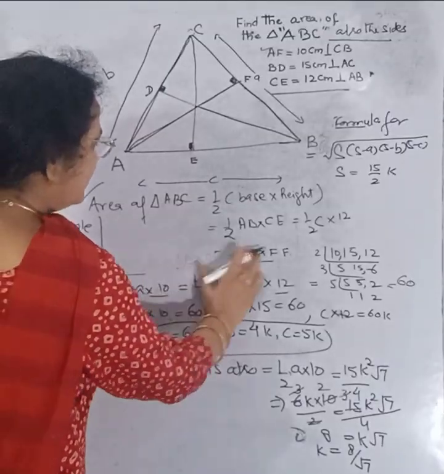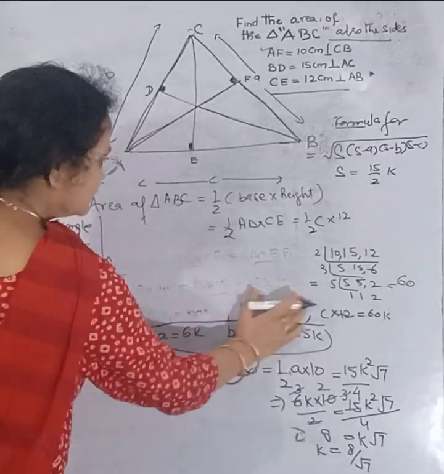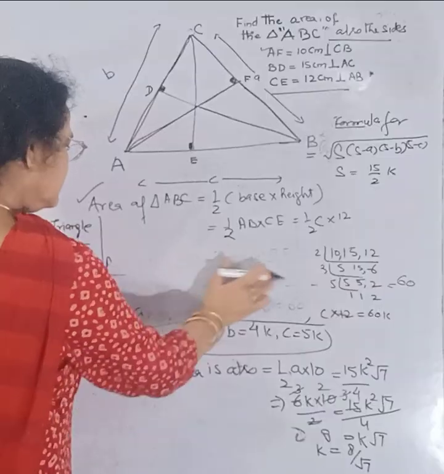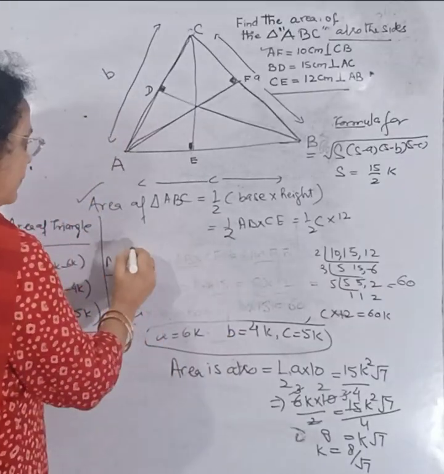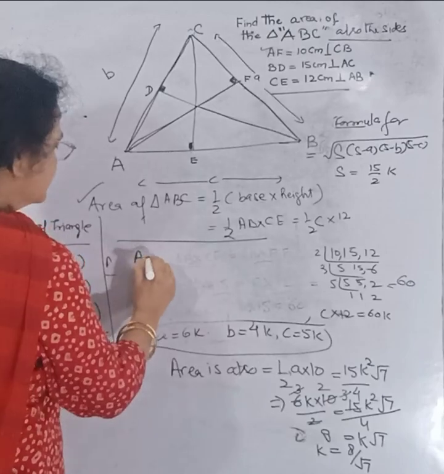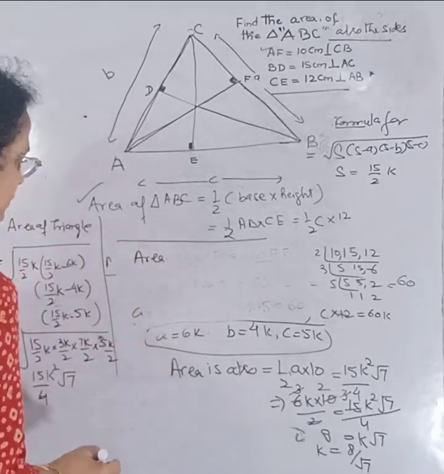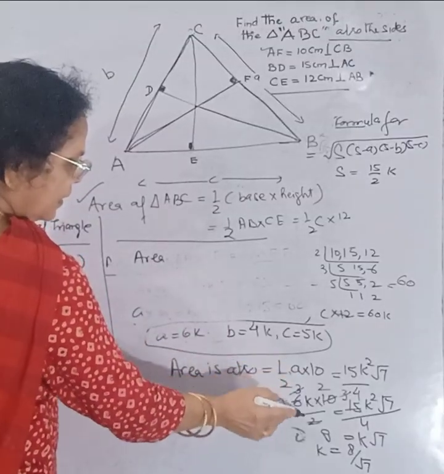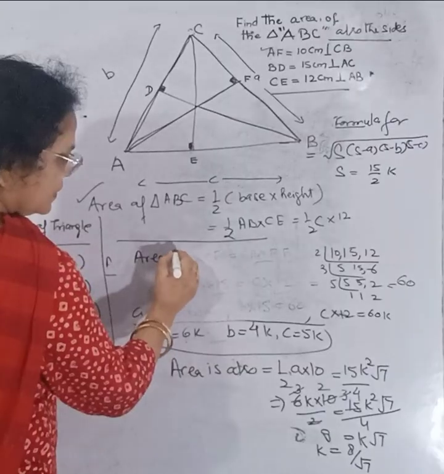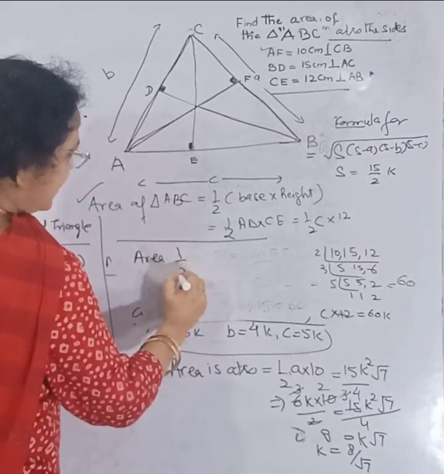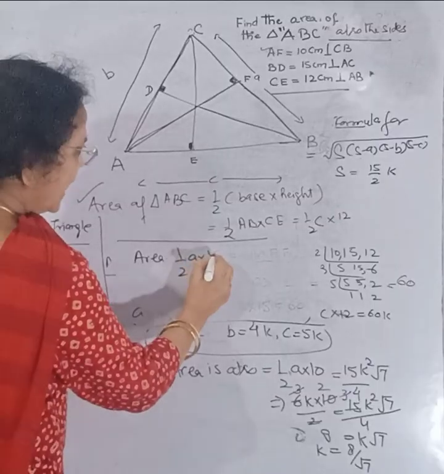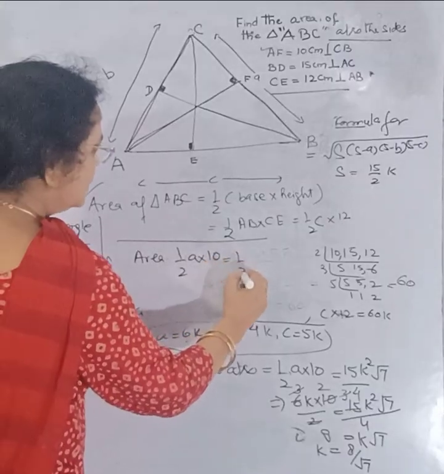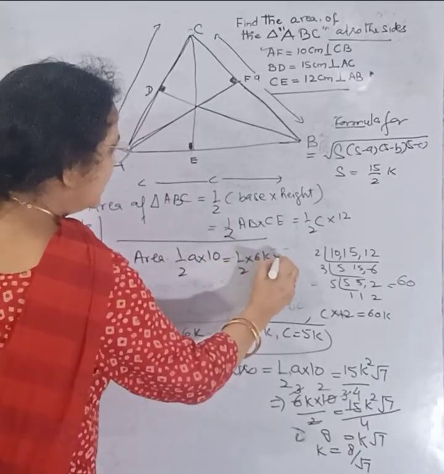Now the area will be 1 by 2 A into 10. A was equal to 6 times K, so 1 by 2 into 6K into 10.